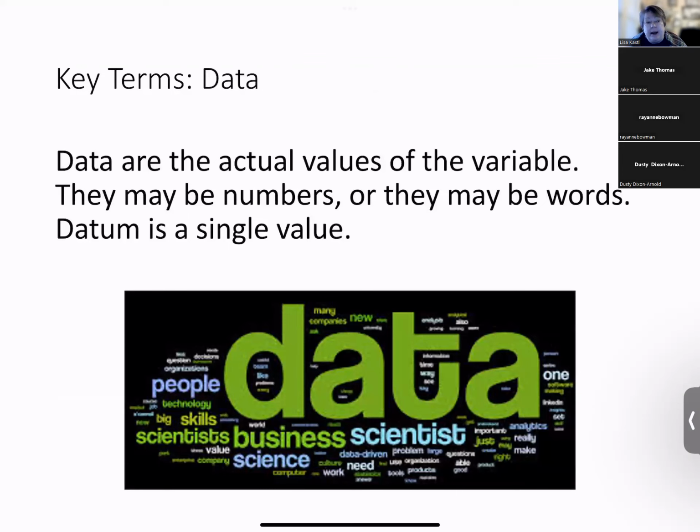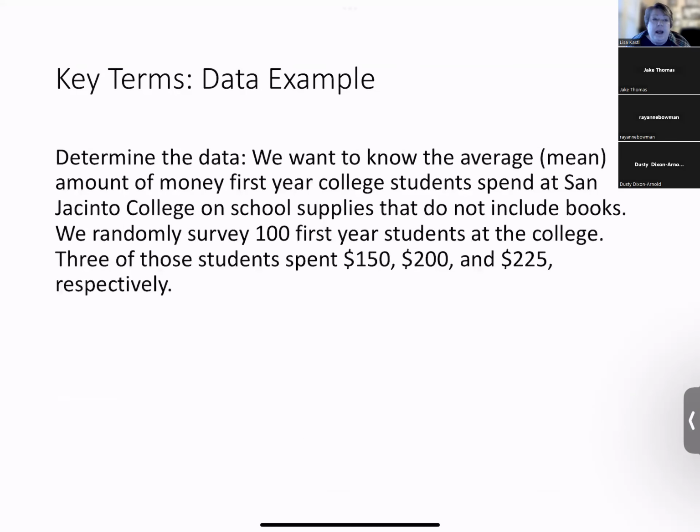All right, data. Data is the values you actually collect. So what's your data here? Now, I assume I collected 100 pieces of data, but what have I only got represented here? 3? So I've got 3 pieces of the 100 values that I collected. And so the data values that I actually see are the actual amounts that are spent, the 150, the 200, and the 225.